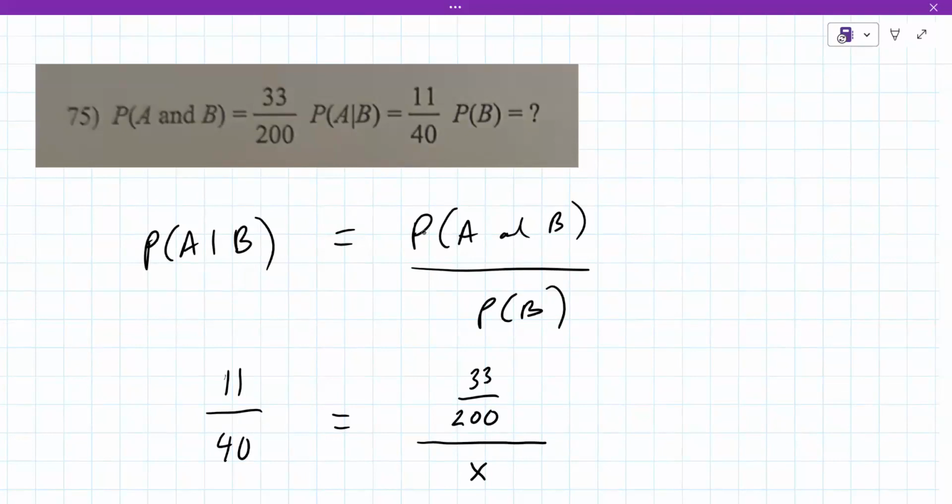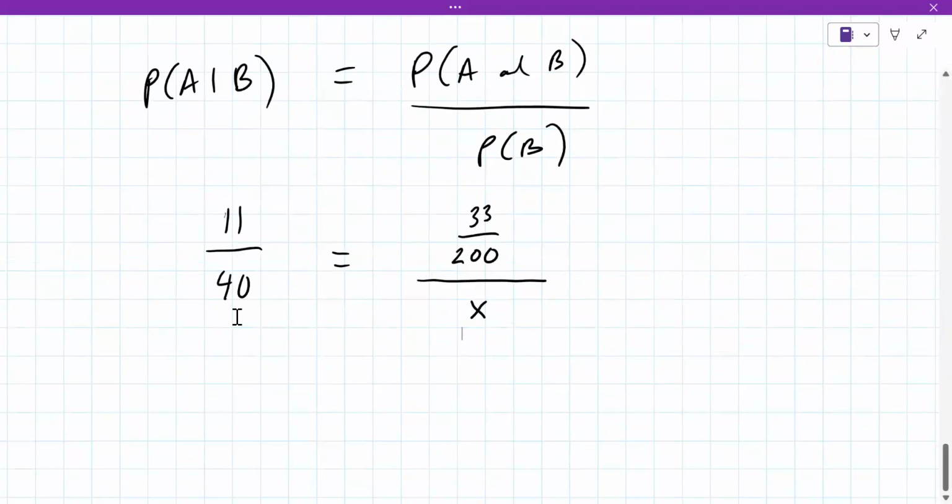So again, we have to get this variable out. It's probably good to cross multiply here. Do you see this as 11 over 40 over 1, or do you just want to leave it as 11 over 40? Just 11 over 40. Okay, so that means it's 11 times x equals 40 times 33 over 200.